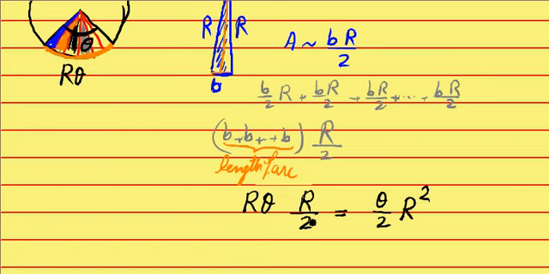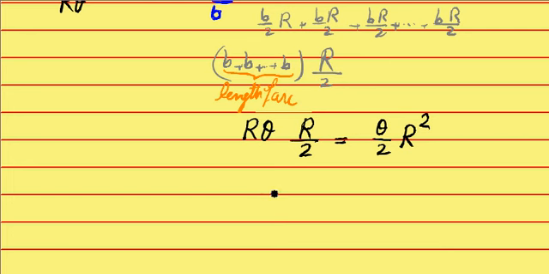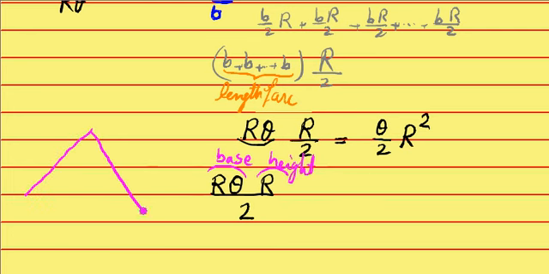The way it is written in that style, it makes more sense. This is r theta r divided by 2, and the meaning of this is really base, this is height, divided by 2. So this is kind of just like the formulas you had in high school.